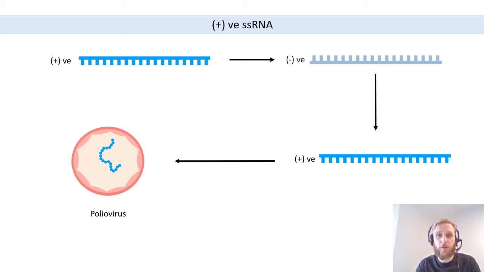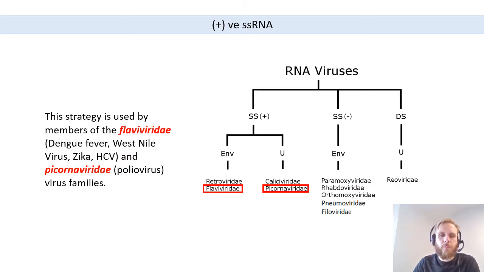So quite a straightforward process if we understand the process of genome expression that we talked about last week. The only real difference is that instead of the positive sense single-stranded RNA being translated into protein, it's being packaged into new virus particles. And there are some specific examples of virus families that engage in this process here on the left.